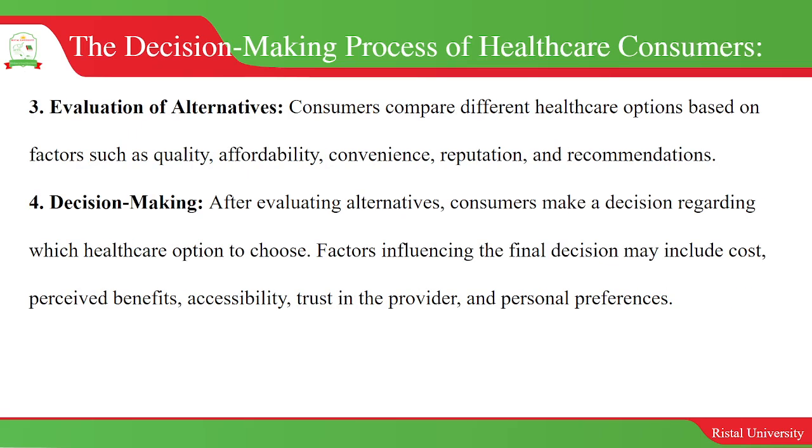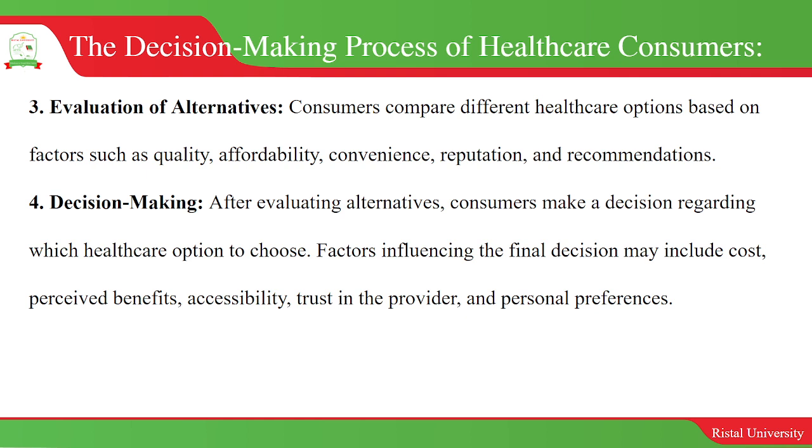The third stage is now they have gathered this information from different people. Now they need to make a decision. So that decision will depend on many factors. Okay, it could be about the quality of services offered in the different health facilities. They weigh that.